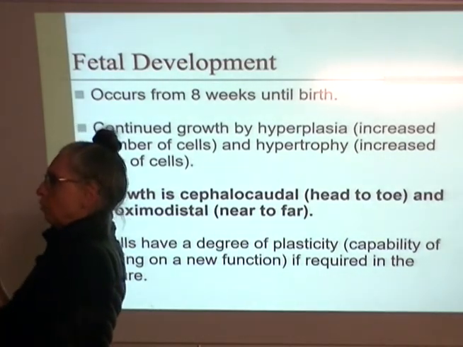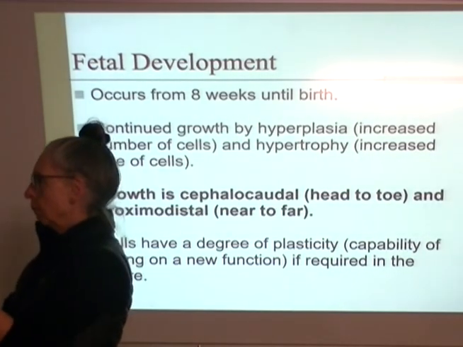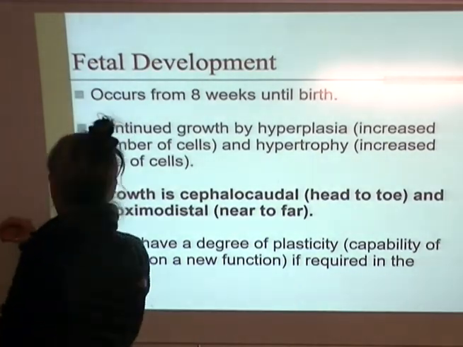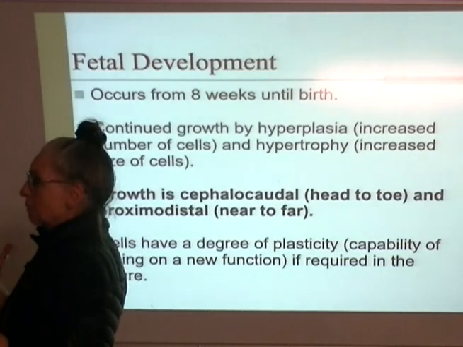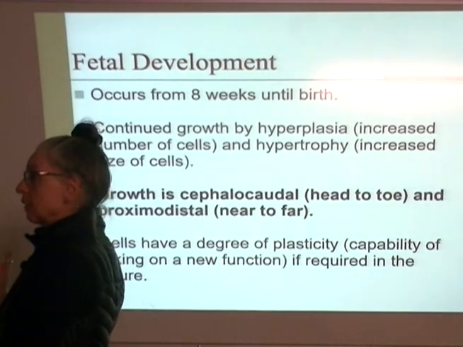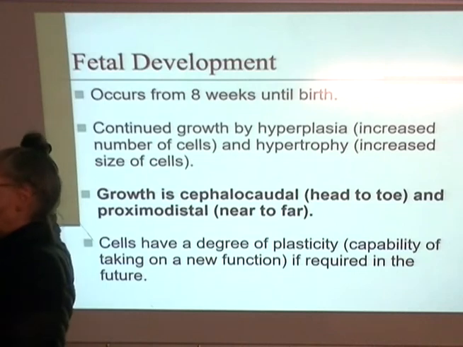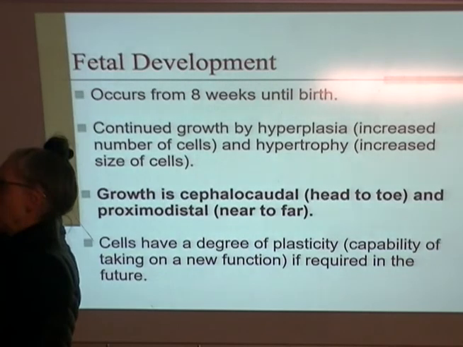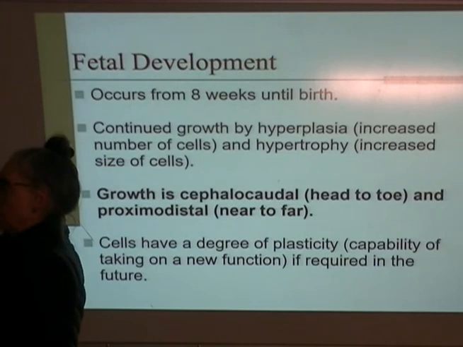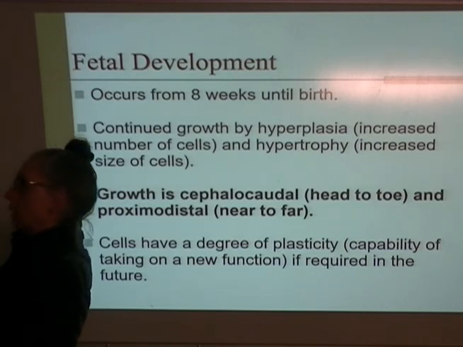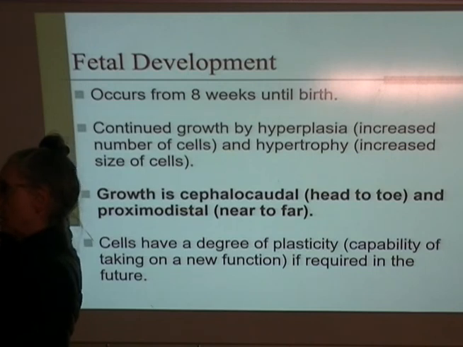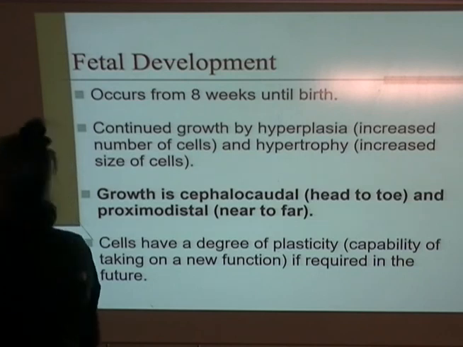They're genetically driven to be one kind of tissue, but if necessary, they can become something else and take on a different function, right? Some cells are more plastic than others, so the cells in the brain are much more plastic than cells in, let's see, in bone, for example. So if something happens to the brain, then cells can migrate and take on jobs in an area that might have been damaged, for example. All right.